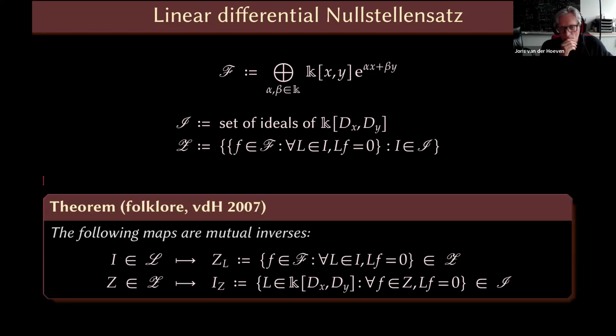And then one can prove the following, a bit folklore fact, but I could not actually find a precise reference to this. Basically, these two things are perfectly inverse in this case.